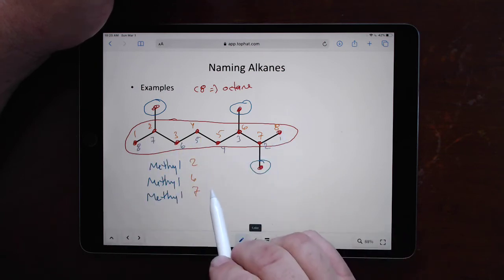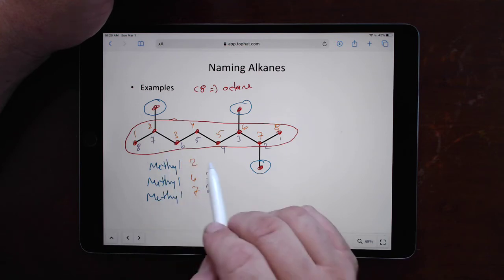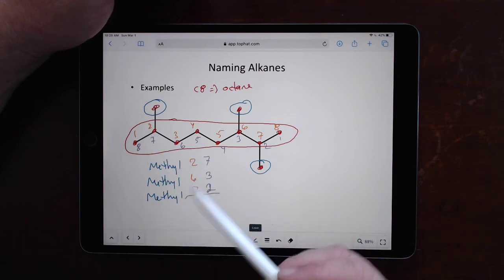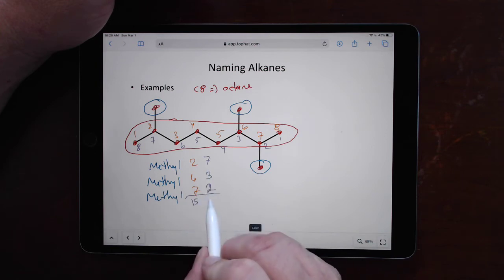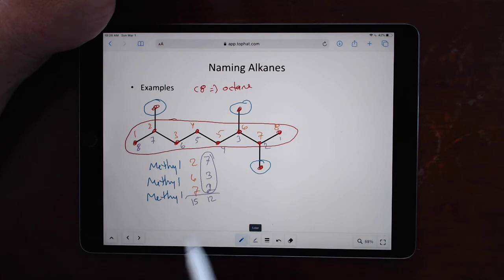Okay, so it becomes 2, 3, and then 7. Okay, so we add them up. This is 15, and this is 12. So in this case, we're going to be using those numbers.